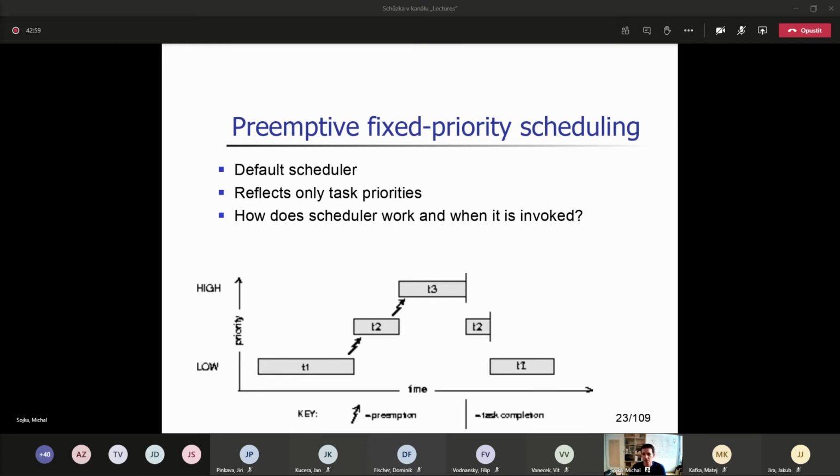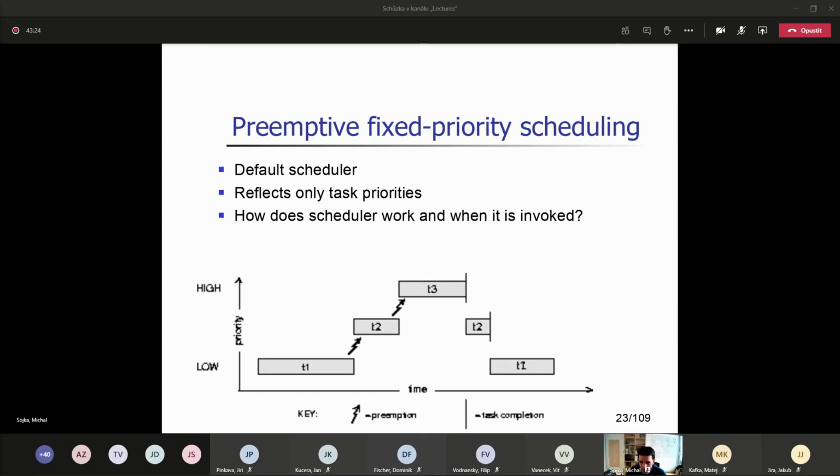In real time, we don't like heuristics like fair schedulers and these things where somehow the time is given to everybody who just wants to have time and we don't know how and when. In real-time systems, what is usually preferred is to have a very simple scheduler with simple, easy to understand rules.